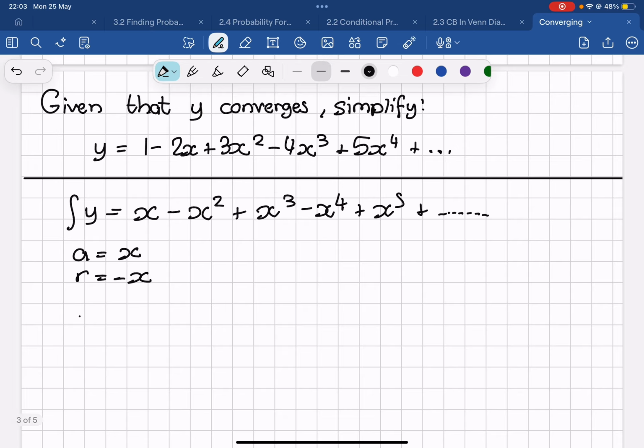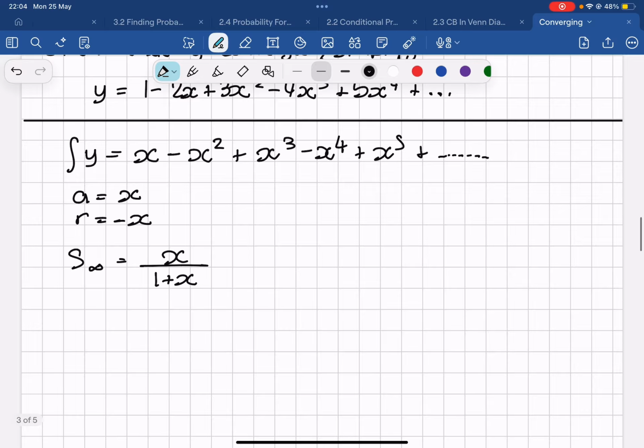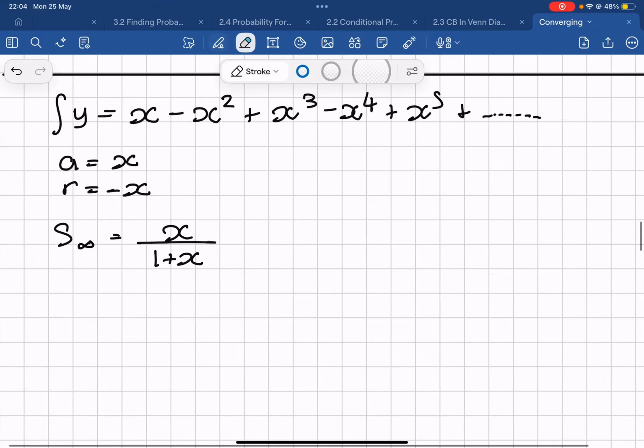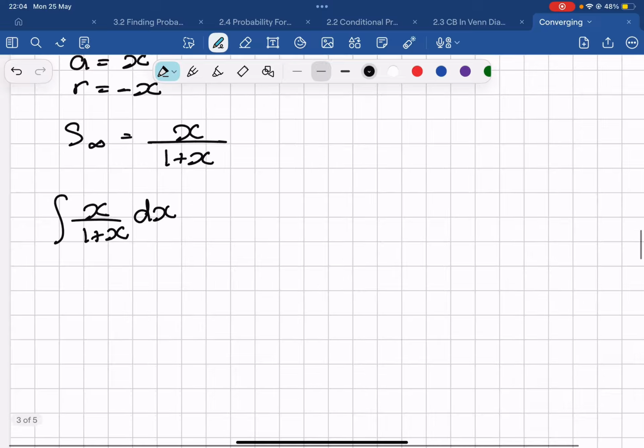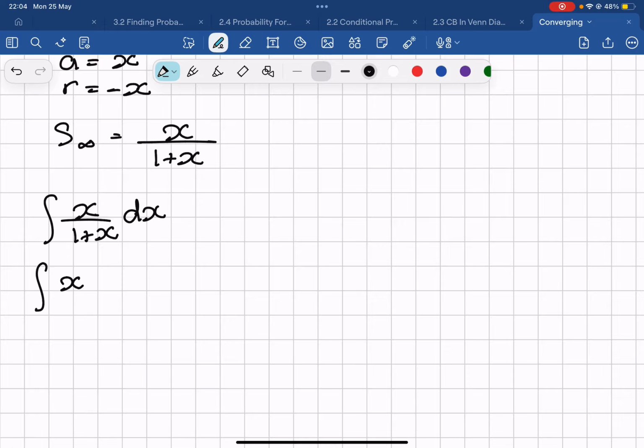So the sum to infinity of the integral of y equals x over 1 minus minus x, which is 1 plus x. Well, since it's the integral of y, we need to actually integrate this. So x over 1 plus x dx, we can split the fraction like such. So minus 1 here, dx.